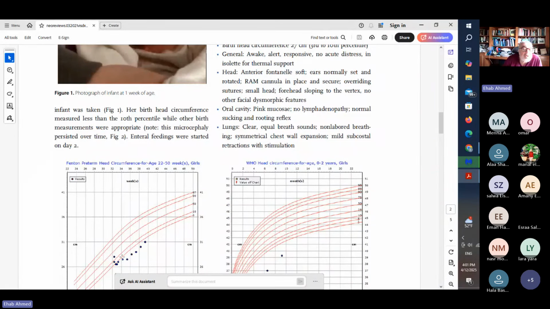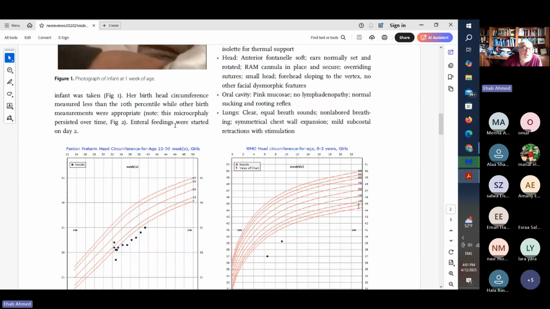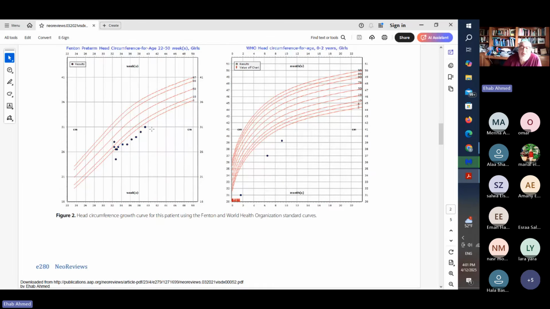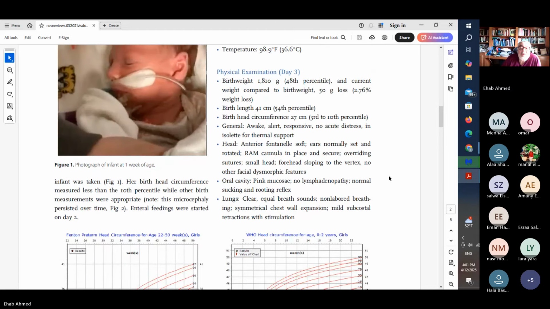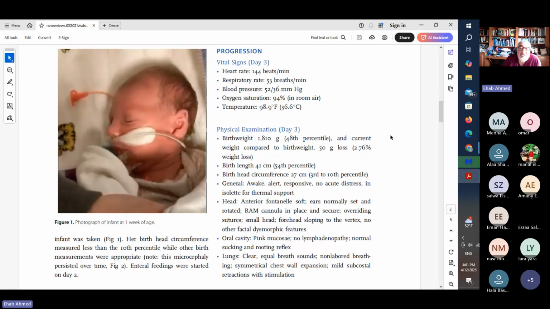While other birth measurements were appropriate, okay? And this microcephaly persisted over time, and enteral feedings were started on day 2, and she did well on the feeds.